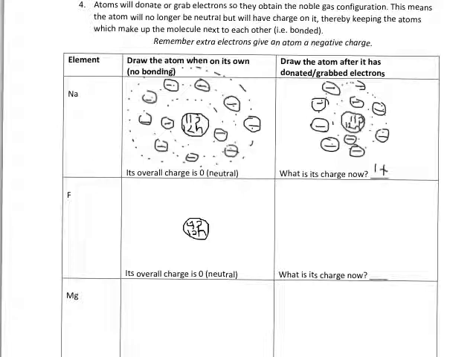And then on the outside, this time, there are 2 in the first shell, the K shell, and then its L shell has only got 7 more because all up it's got 9, so 2 and 7 make 9. 1, 2, 3, 4, 5, 6, 7. So it can actually take 1 more, and it wants to again get to neon because neon's got 10, and neon is its closest noble gas.